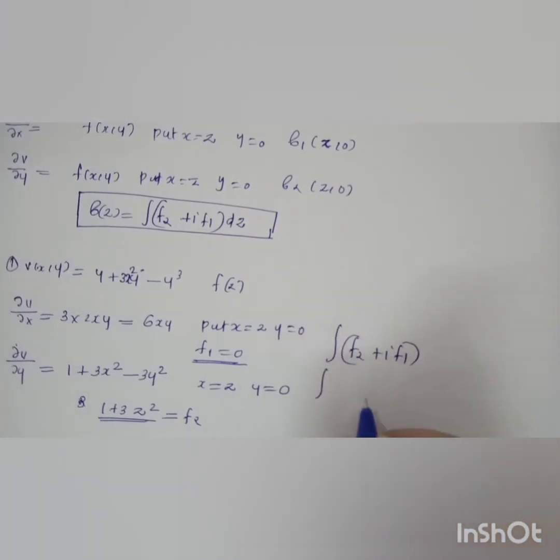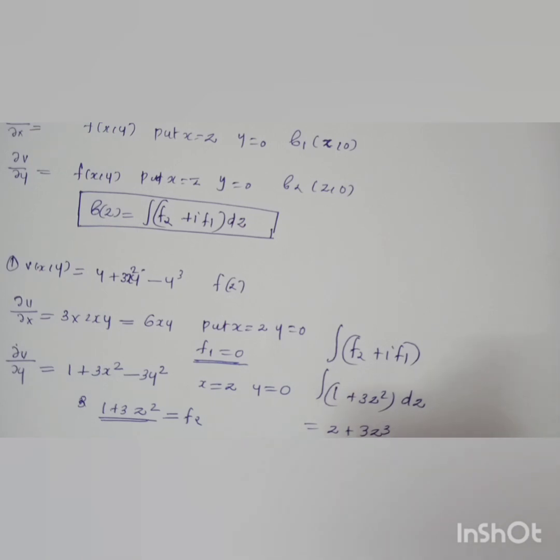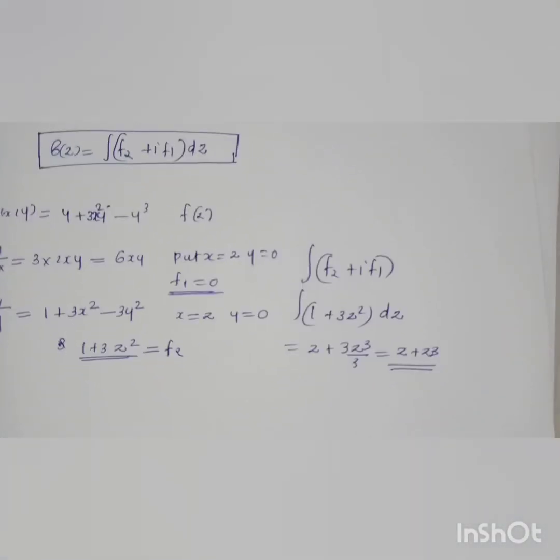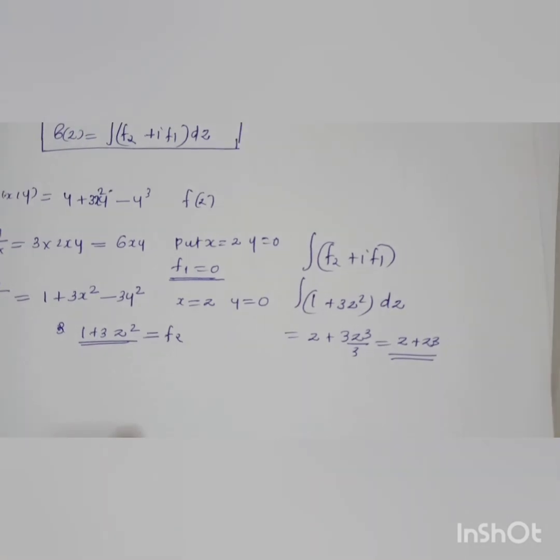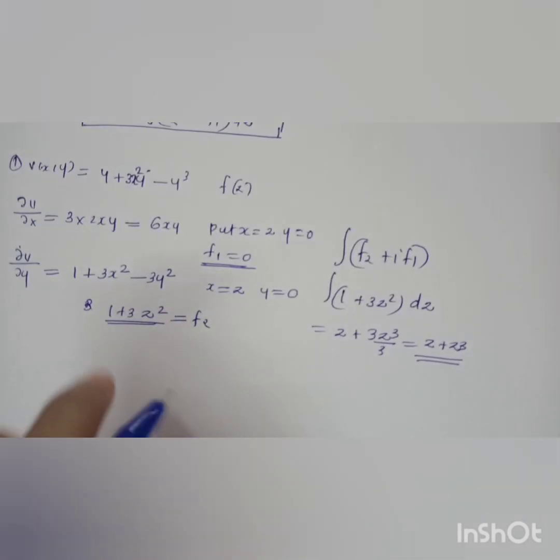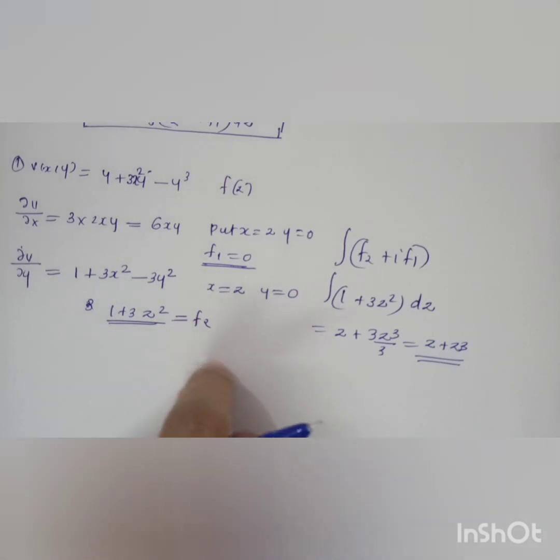So integral of 1 plus 3z square dz gives z plus 3z cube by 3, so z plus z cube. This is the function. We have to remember the formula: integral f2 plus i f1.